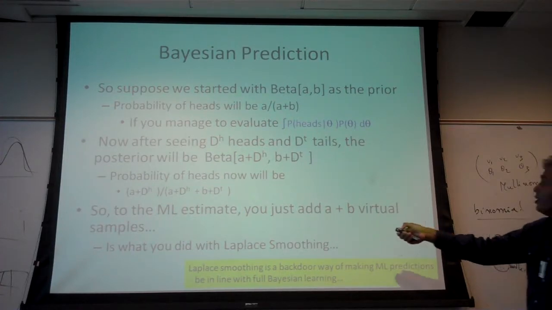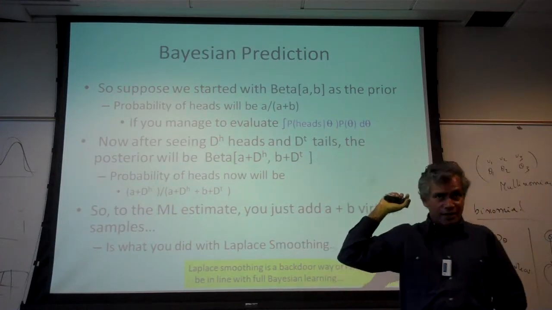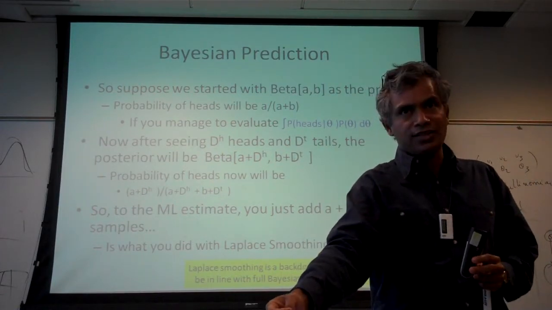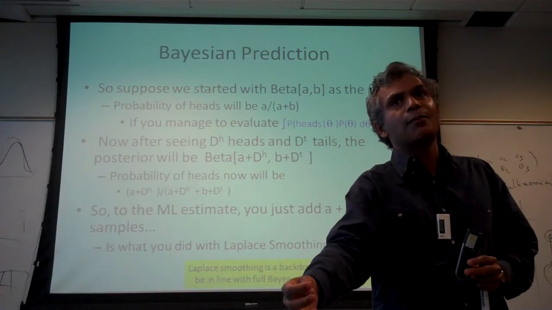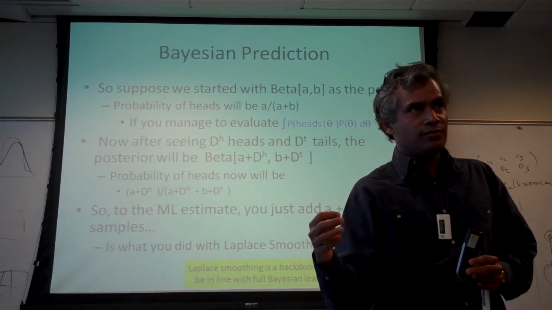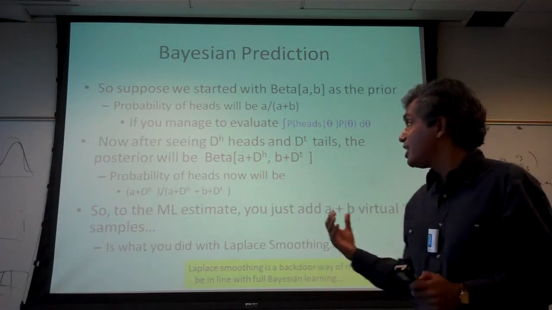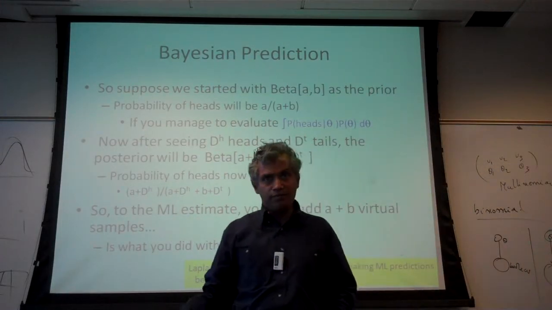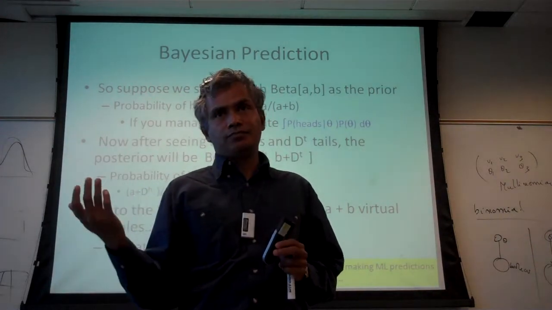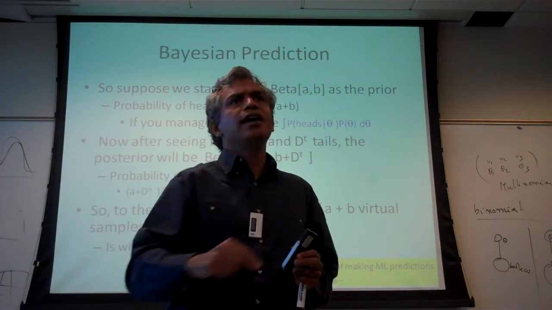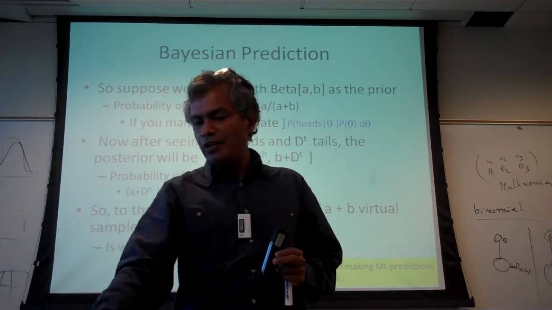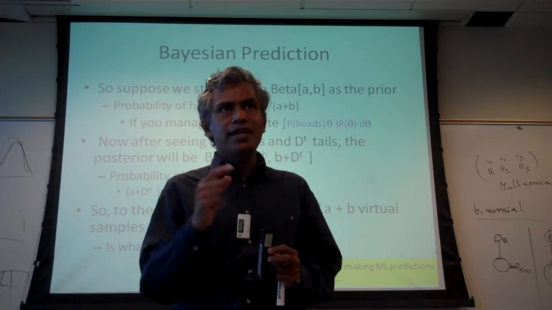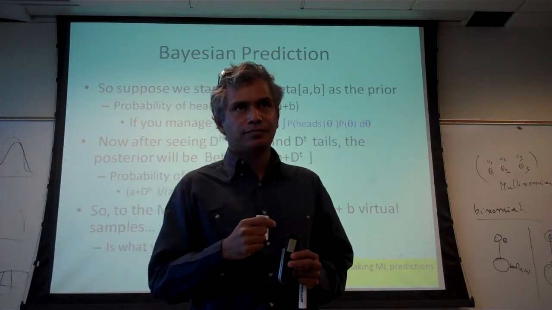So if your prior is beta AB and you have not yet seen the first coin being tossed and you are asked to predict whether it will come heads or tails, based on your prior you would say the expected value would be A by A plus B, probability for heads. So if heads is 1 and tails is 0, then the expected value of the next toss would be A by A plus B, which is the same as the mean of this beta distribution.